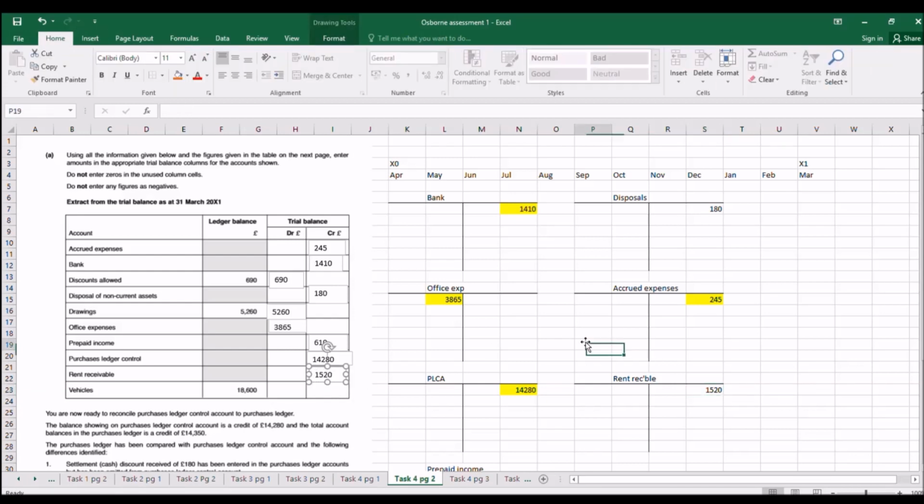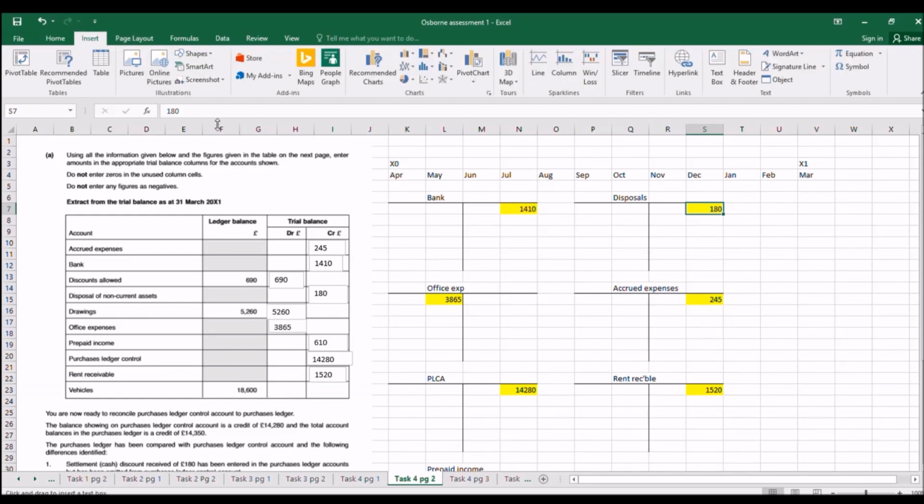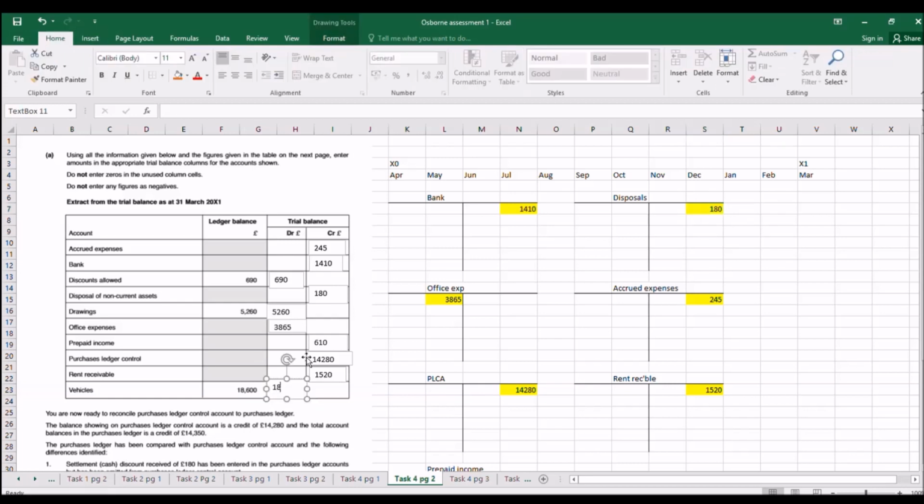And clear that one. Oh, let's just check. I'd already done that one there, because that was that one there. Right, so we've cleared our accounts. We've got vehicles as well as our last one, and that is going to be an asset, so it is a debit, 18,600. Okay, so that's our trial balance there.